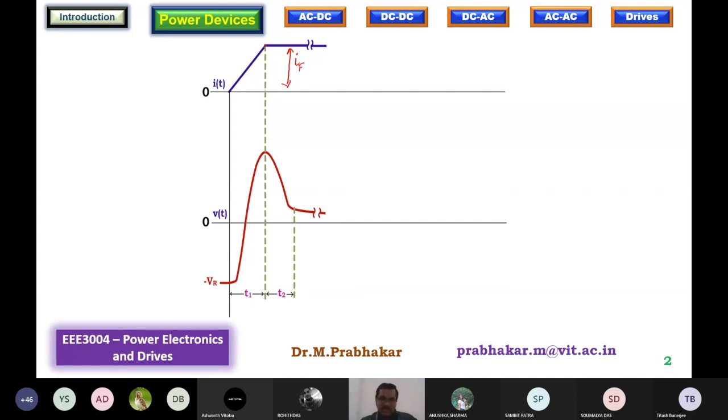So once the excess charge carriers are established, T2 is the time during which both the processes, double injection and conductivity modulation, are complete.